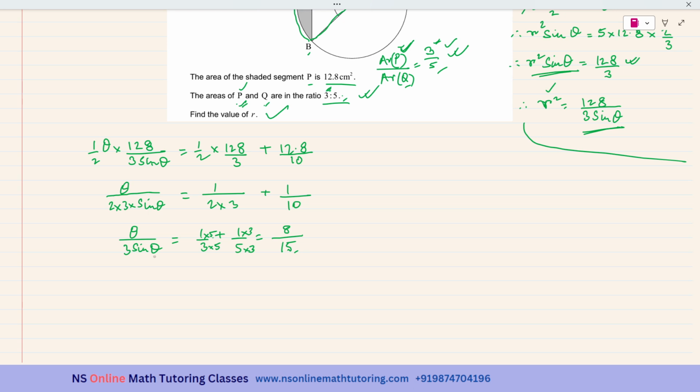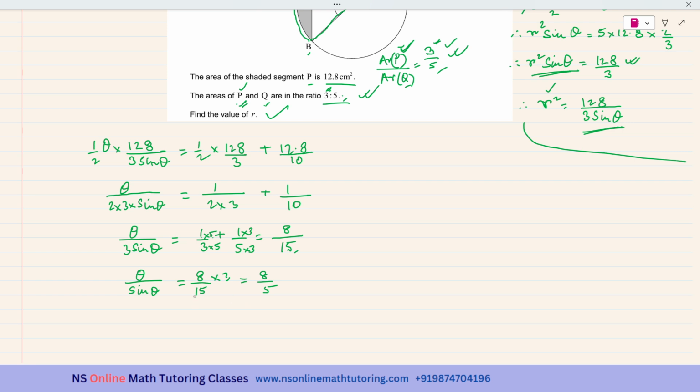So theta over 3 sine theta equals 8 over 15. Multiplying the entire equation by 3, theta over sine theta is equal to 8 over 5.